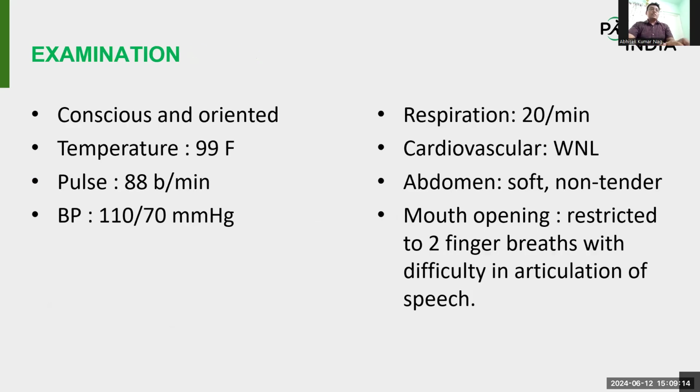On examination, she was conscious and oriented with a temperature of 99 degrees Fahrenheit. Pulse was 88 beats per minute. Pressure was 110 by 70 millimeters of mercury. Respiration was 20 per minute. Other systems were within normal limit, but mouth opening was restricted with 2 finger breadths with difficulty in articulation of speech.